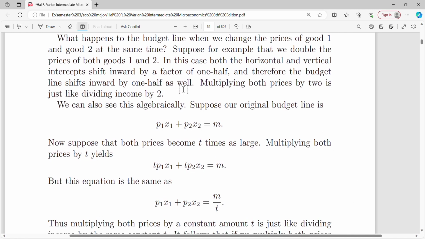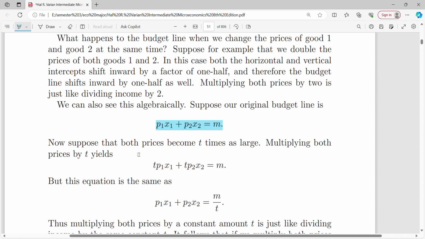And next is an important question. These are the theory questions of this chapter. What happens to the budget line when we change the price of good 1 and good 2 at the same time? Then that change has to be divided by the income. This is the primary budget constraint that we have, the budget line.